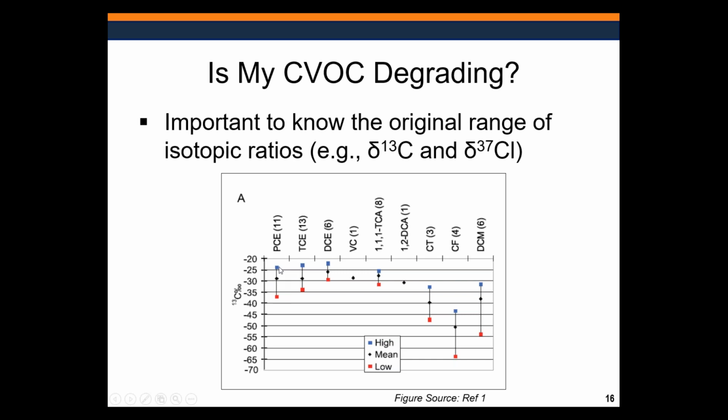So this is likely the isotopic ratio of the PCE or TCE that was dumped at your site 40 years ago. Here's the mean, and here's the range among a variety of different samples. I'll show you in a second why this is really important, because sometimes with this analysis you get a snapshot in time, and just having some predictability about what the stable isotope ratio was of the compound that went in there can provide you with a lot of information.